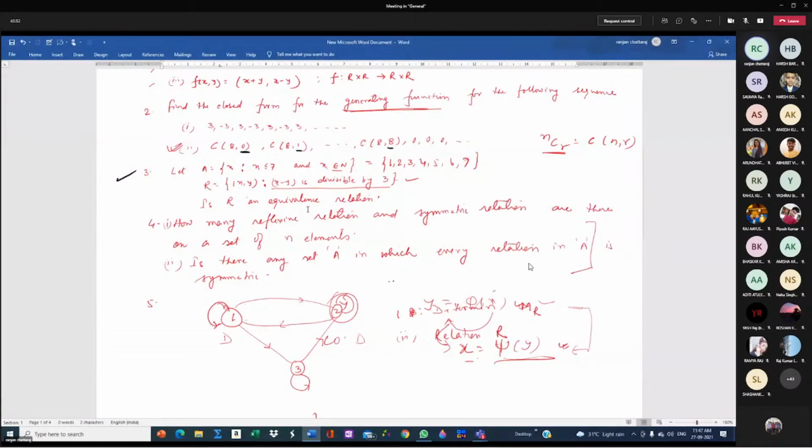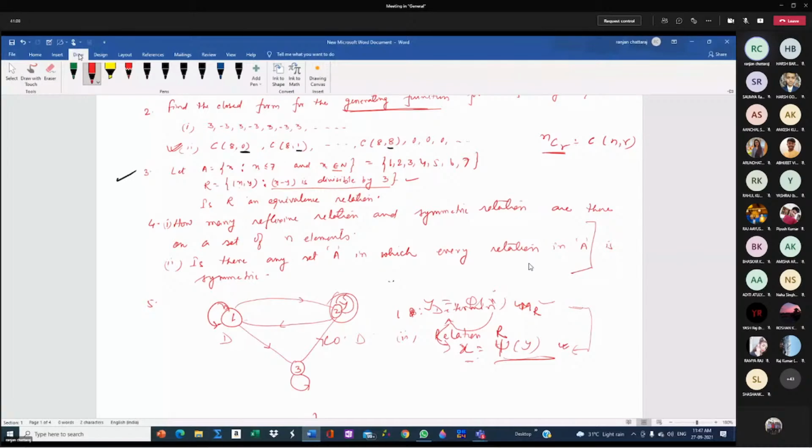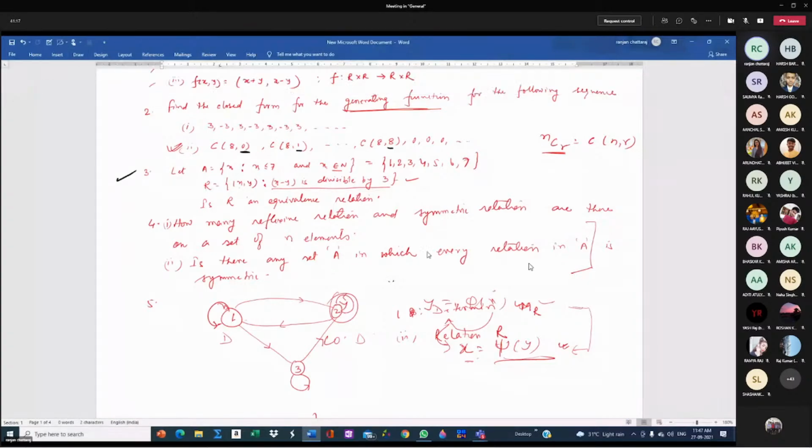And is there any set A in which every relation in A is symmetric? Is there any set in which every relation is symmetric?